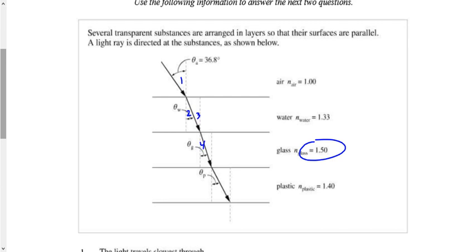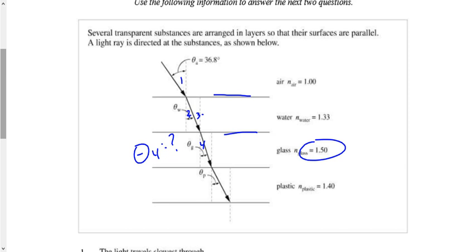We want to find the angle in the glass, so that's far enough, right? Because I want to find theta 4 here. Does that make sense? Well, because these lines are parallel to each other, theta 2 is the same as theta 3, agree? And theta 4 is the same as theta 5, although it doesn't really matter about that. The important thing is theta 2 is the same as theta 3.